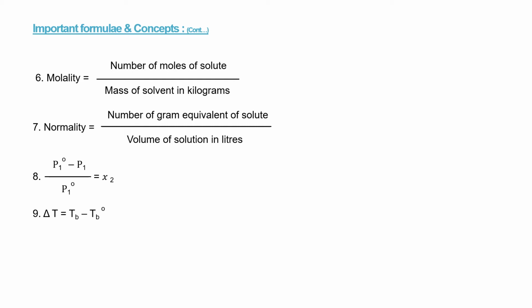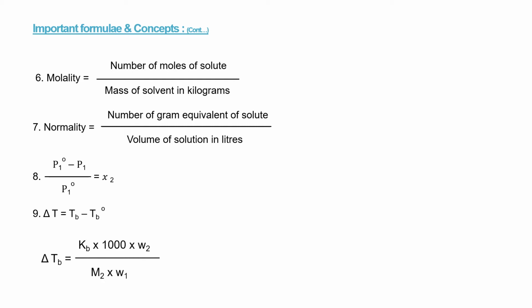Now in this case, what is TB and what is TB naught? TB is the boiling point of your solution, and TB naught is the boiling point of your pure solvent. Whenever the naught sign is there, that means it is for a pure solvent, and TB is for a solution.